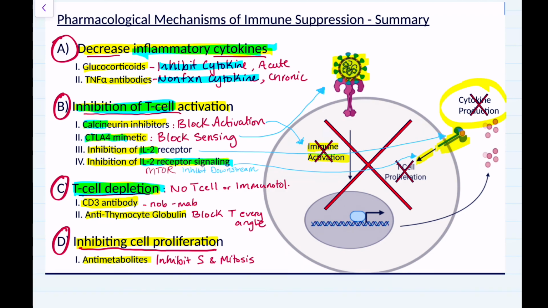Third, we have total no T cells here, so we can either have the CD3 antibodies, the non-humanized or the humanized monoclonal antibody, or we have the polyclonal thymoglobulin that will basically block T cells from every angle. Lastly, we can inhibit cell proliferation using the antimetabolites that either attack the building blocks in the S phase, or they attack the microtubules in mitoses.